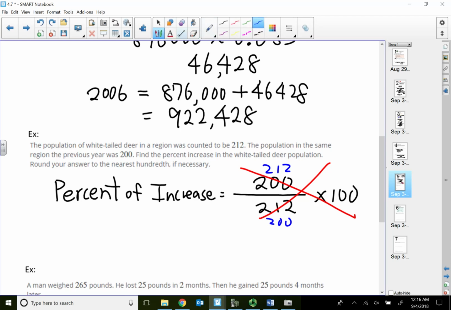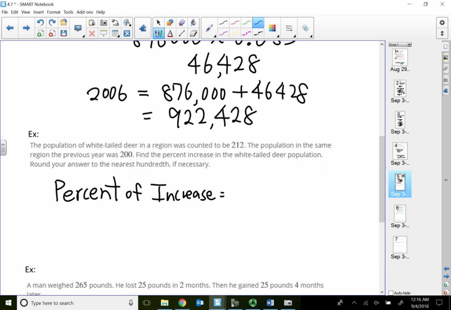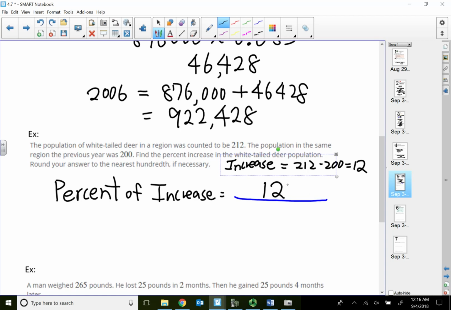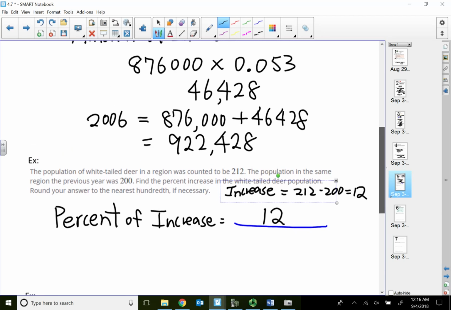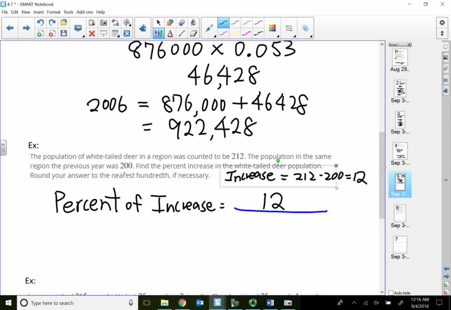So what is the increase? It was 200 last year. This year it became 212. So the actual amount of increase is 212 minus 200, which is 12 more deer. So we had a 12 deer increase divided by the original, or where we are from. It was from 200 deer last year to 212 this year.